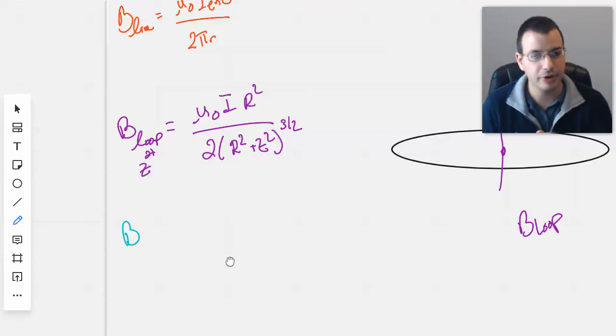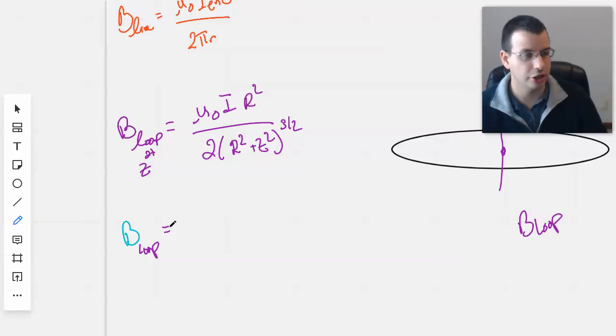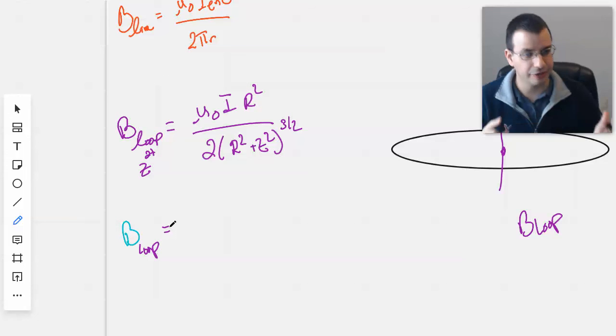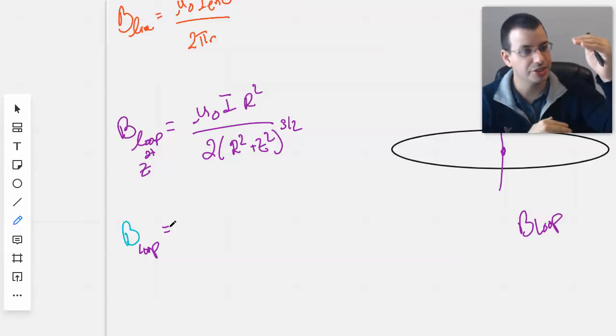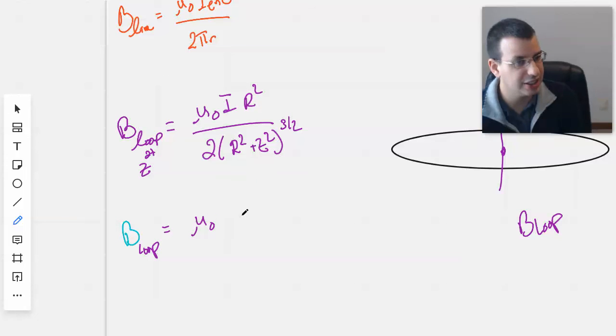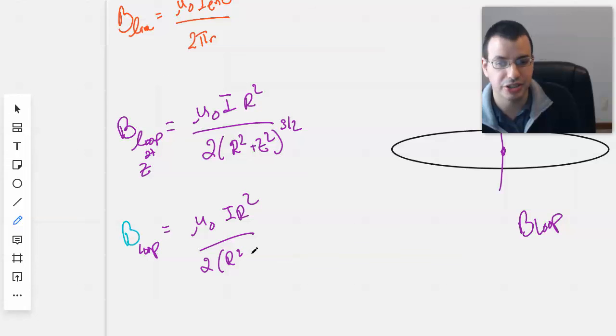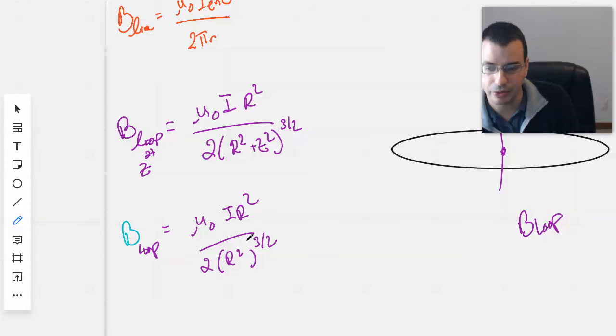Well, if you memorize this equation, then you're also going to come across loops more often where we're looking at the magnetic field at the center, not at some distance above the center. And the value of this is you can simplify this one with just z equals 0, and that'll give you the magnetic field for a loop. So you have something like r squared plus 0 to the 3/2, because you're saying z is 0 for the loop.